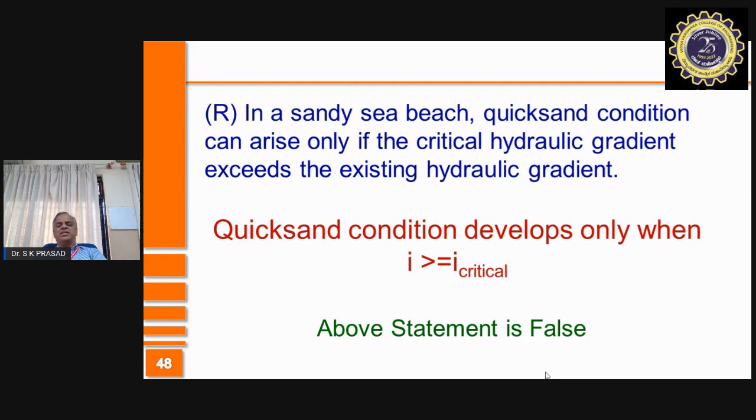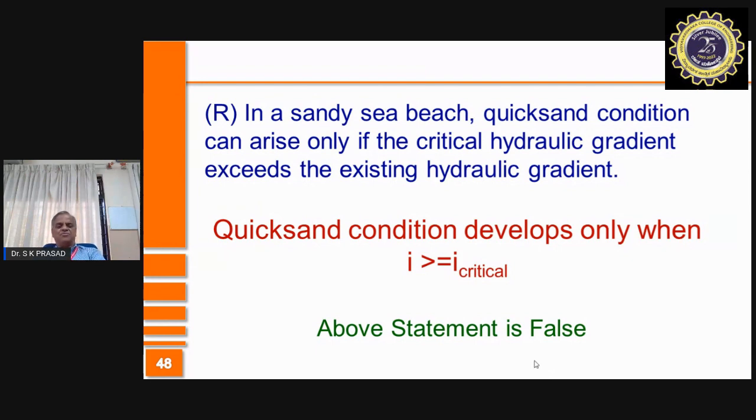So the statement says the critical hydraulic gradient exceeds the existing hydraulic gradient. No. It should be that the existing hydraulic gradient exceeds the critical gradient. Therefore, the statement is false.